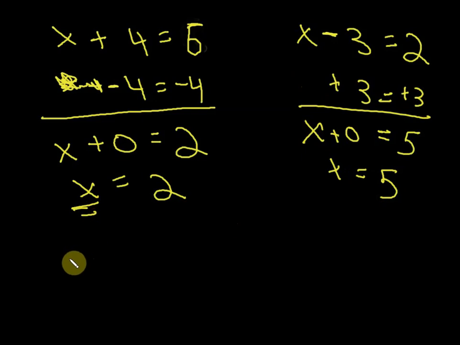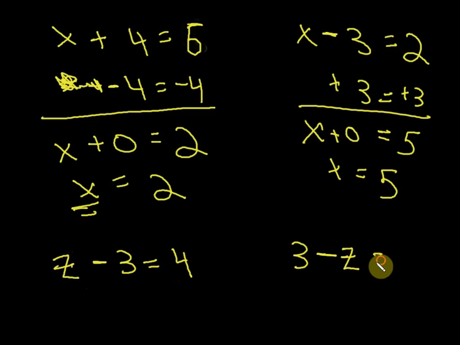But if I throw something, they're always used to seeing x plus blank equals that. But if I do something different, like z minus 3 equals 4, or if I do 3 minus z equals 1.